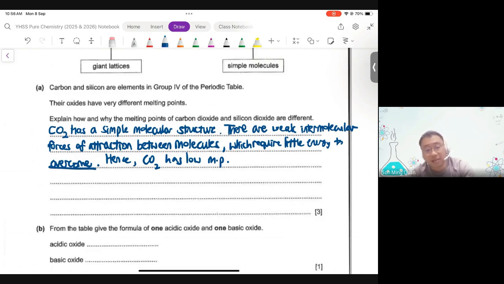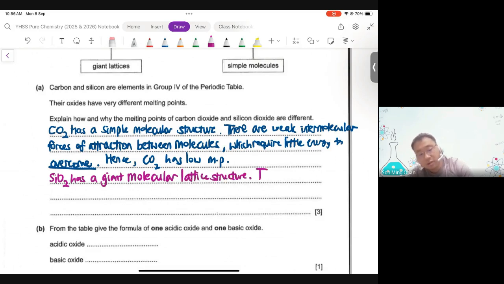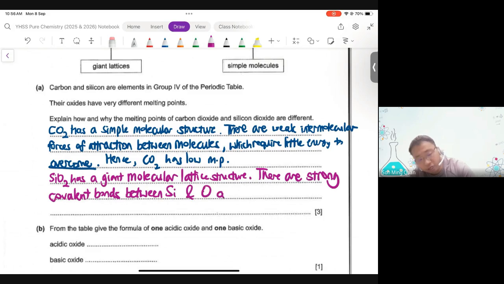Now we repeat the same, but for SiO2. SiO2 has a giant molecular lattice structure. So what are the forces? Strong covalent bonds between silicon and oxygen atoms.